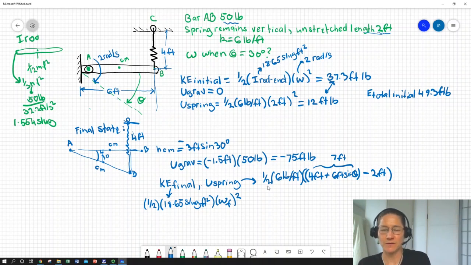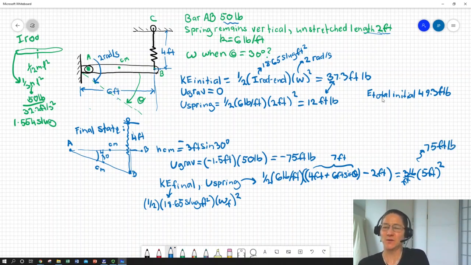So our U spring final is going to be 3 pounds per foot times 5 feet squared. So that's going to give us 75 foot-pounds, conveniently.